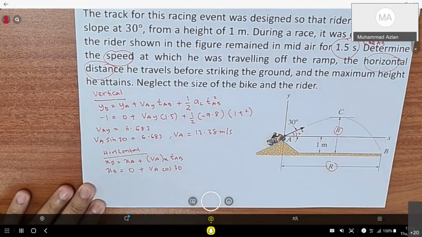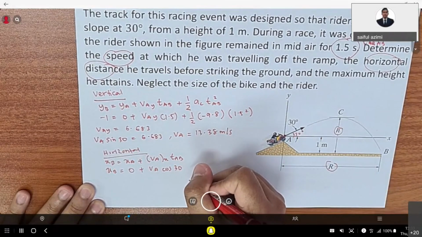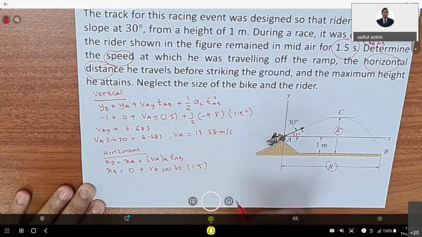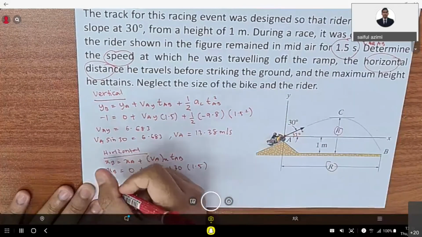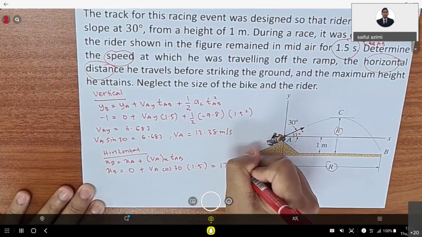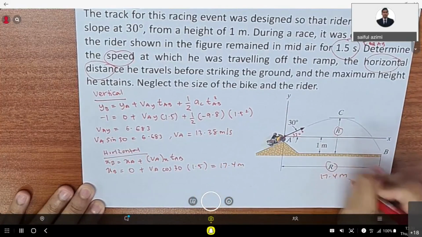It is similar to the previous example. VA cos 30 multiplied by 1.5. And then you will get XB equals 17.4 meter. So this is 17.4 meter.